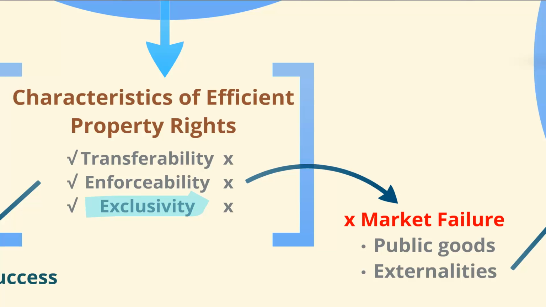We're going to focus a lot on market failure that results when exclusivity is not satisfied. That is, when the benefits and costs do not accrue just to the person that owns the resources. This leads to two types of classic market failures, and we're going to break them down into two categories: public goods and externalities.